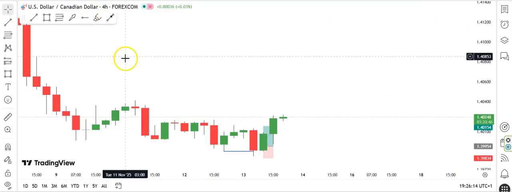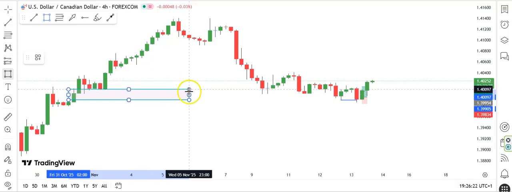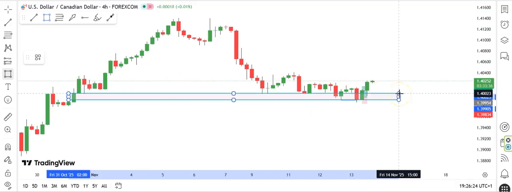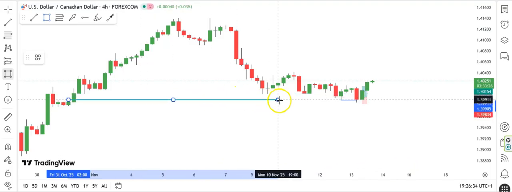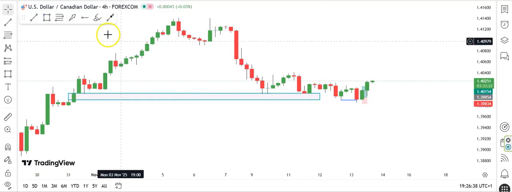If I zoom out, you can see that at that price level we also had a nice bullish imbalance, a fair value gap. So this was just another confirmation, another reason to look for potential long opportunities here. So I'll just leave that level up.